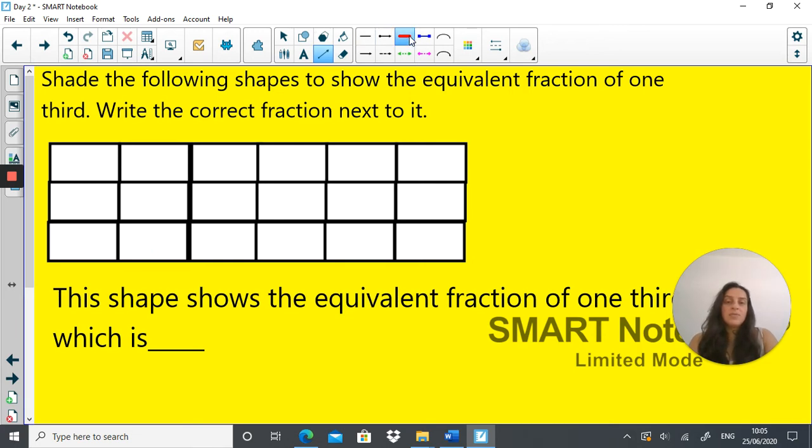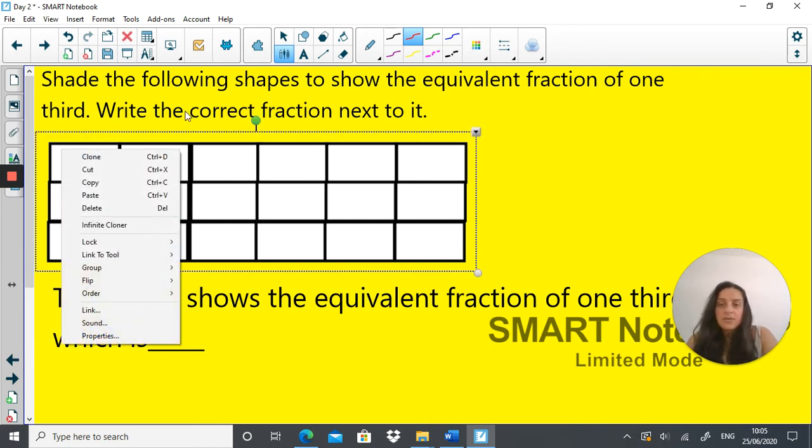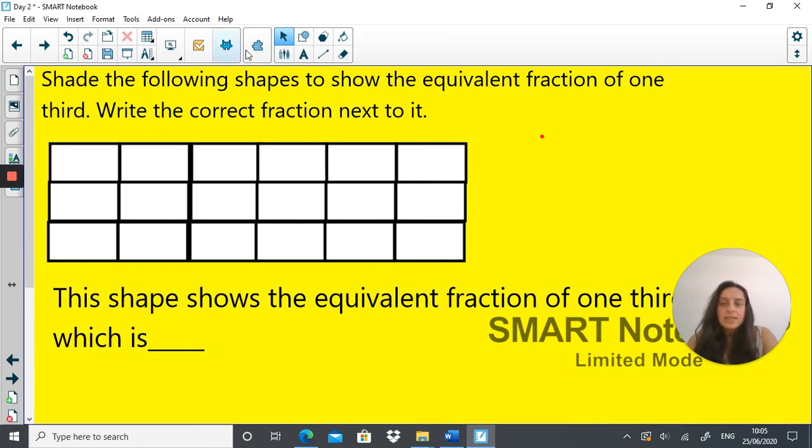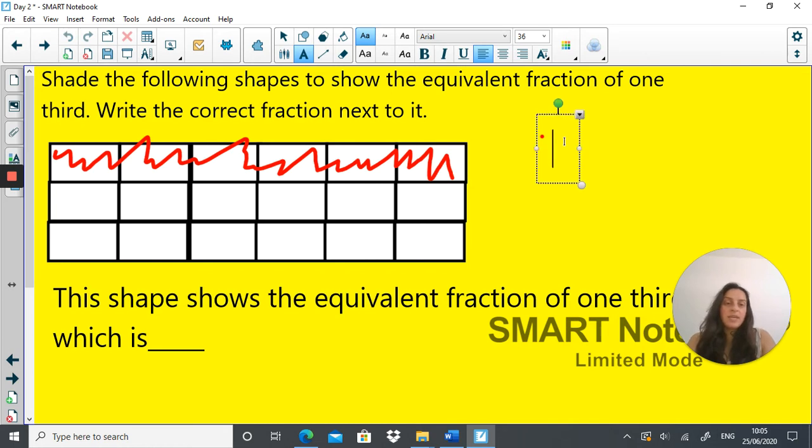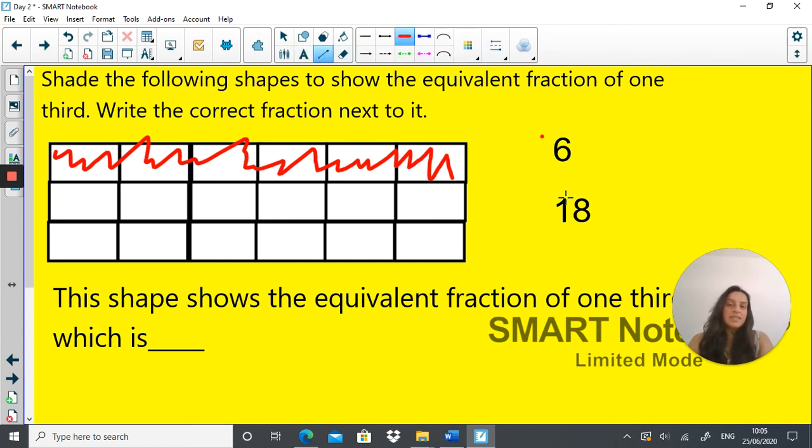To shade in this strip here, that would be 1/3. The equivalent fraction would be 6/18. So I've shaded 6 boxes out of 18.